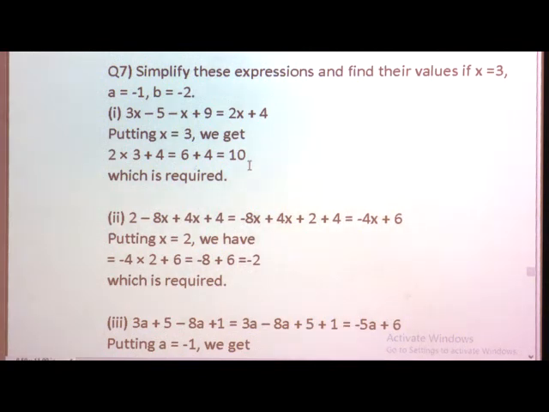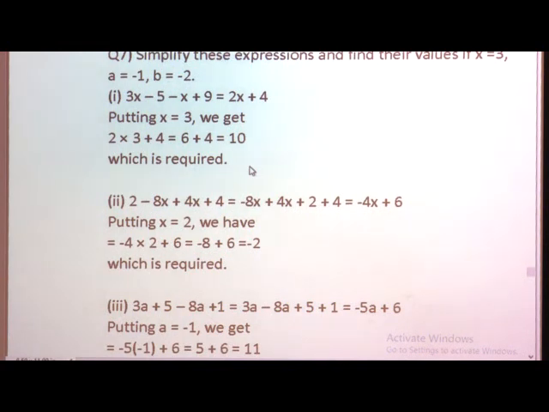So, in this way we are simplifying the given expression by substituting the value of it. Here we will see one more example: 2 minus 8x plus 4x plus 4. This is an expression where you will find like terms.